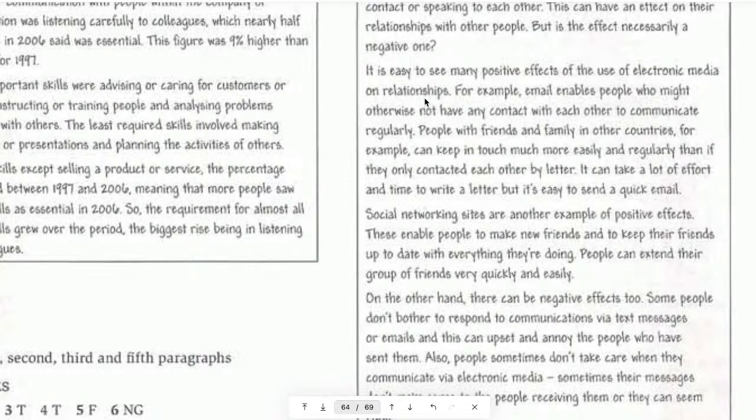Okay, let's continue reading to see whether we guessed correctly or not. Okay, now read that.